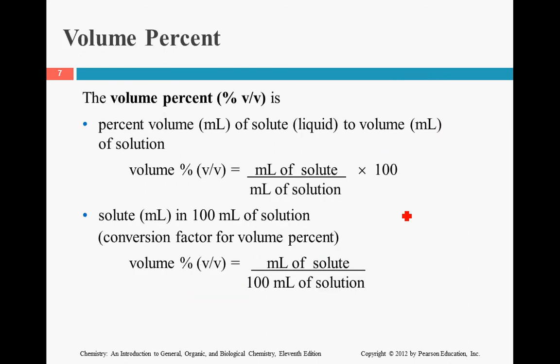Alright, so if we're looking at the volume percent, essentially it's the exact same thing, but before it said M over M, and now it says V over V. That's because this was in grams, and mass is a unit of grams. Now we're in volume, which means we're dealing with milliliters. So we're looking for the milliliters of solute over milliliters of solution.